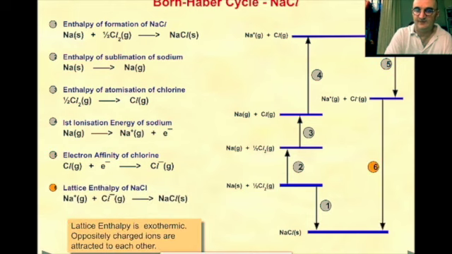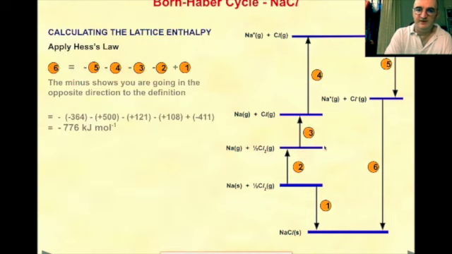Aha! We now have built a bit more elongated, not overly complicated, Born-Haber cycle for sodium chloride. Where did we begin? Well, we began here. We had our standard states. This was the definition of enthalpy of formation, process 1.